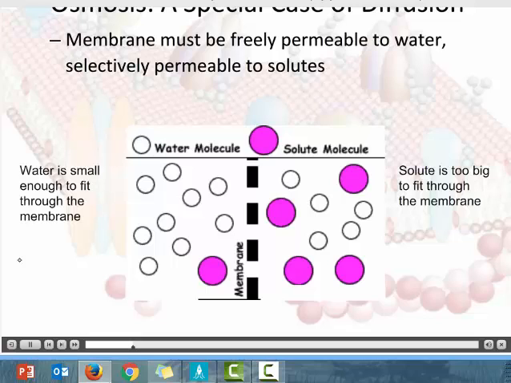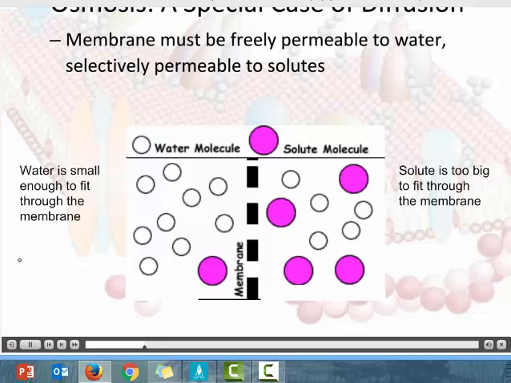Always allowed to move across. But our solutes are going to be stuck on one side or the other. These solutes are not going to move. Okay? So when you think about membranes, water can move freely. Solutes cannot move freely. They need help. They need a carrier protein or a channel protein or something like that.